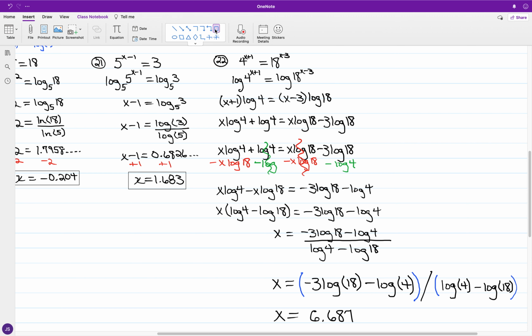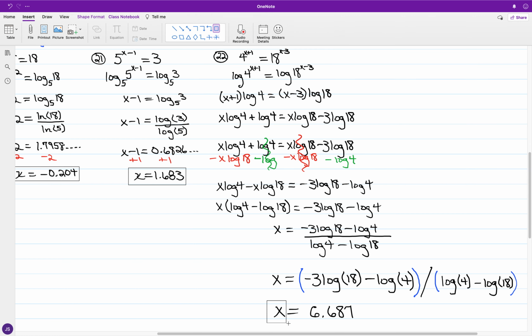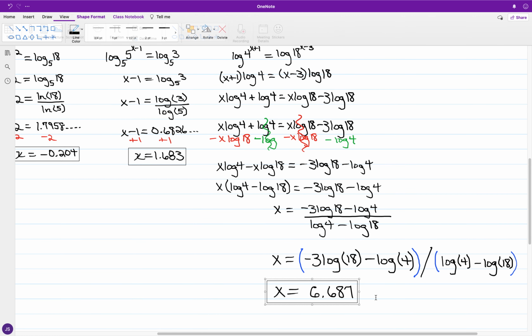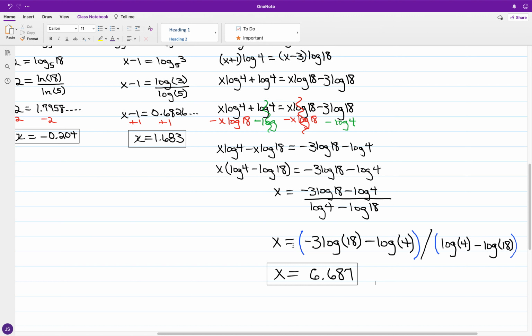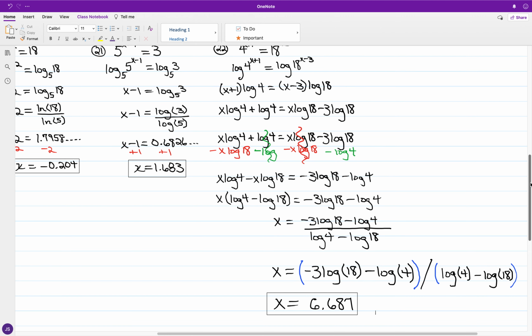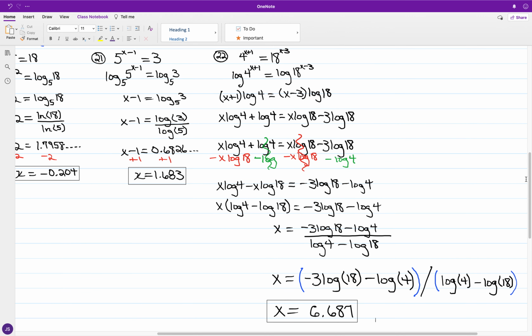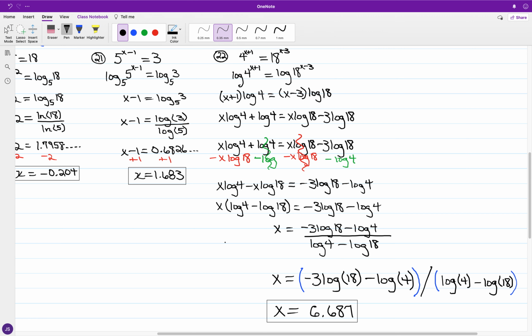All right, so this will be what we have here to the nearest 3 decimal places. Now, this one was kind of a long problem in comparison to numbers 20 and 21, because we had to do a lot of reconfiguring and combine x terms as opposed to having one x term readily available to work with.